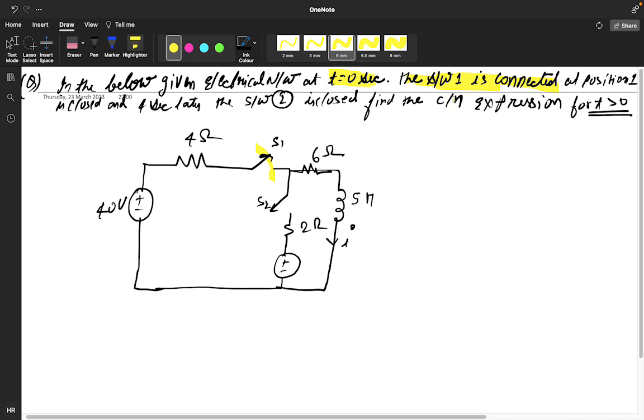And 4 seconds later switch S2 is closed. So we need to find the current equation. What we do is solve the first circuit first, and will not consider the other part. So before t equals 0, how did my circuit look?